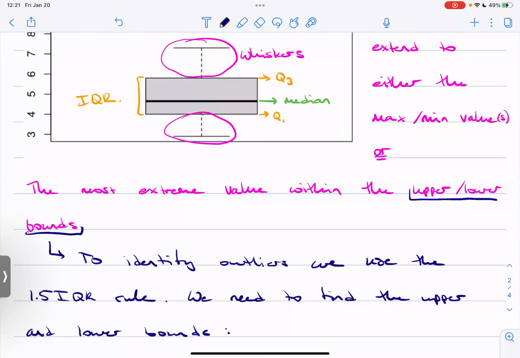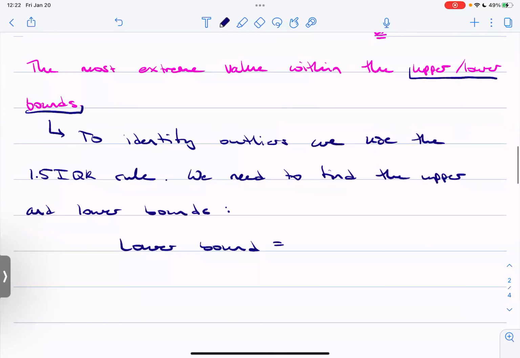You're going to go down 1.5 times the interquartile range, right? Hence the name 1.5 IQR rule. You've got your interquartile range. Now you multiply it by 1.5. You've got to make it a little bit longer. And then you go down from Q1. What does that look like in terms of the math? Well, the lower bound then, from Q1, you have to go minus 1.5 times the interquartile range.